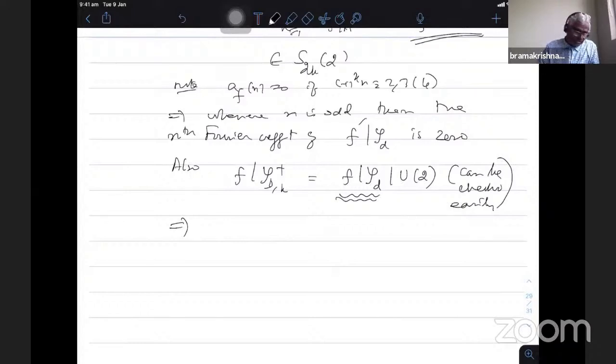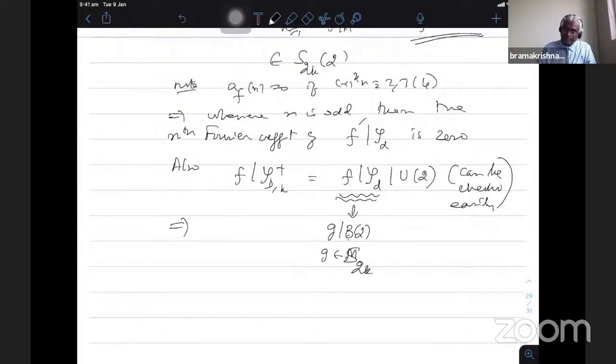So this is written as some g bar B_2, where g is in S_{2k}. One can use the integral weight properties to show that since the odd coefficients are 0, it is given by the duplication of g by z going to 2z. So no odd coefficients are there.